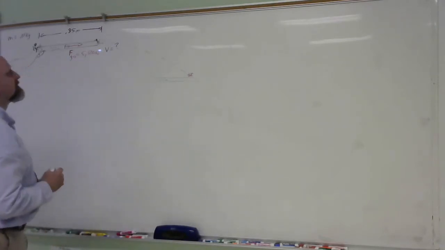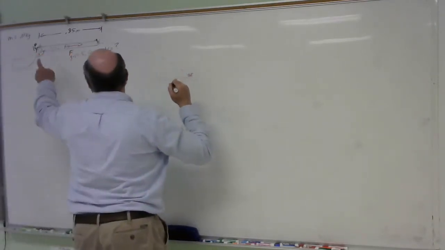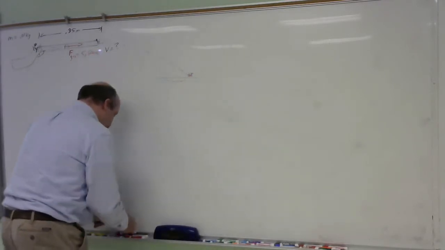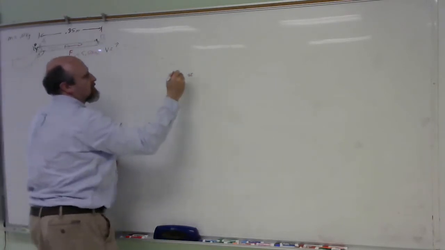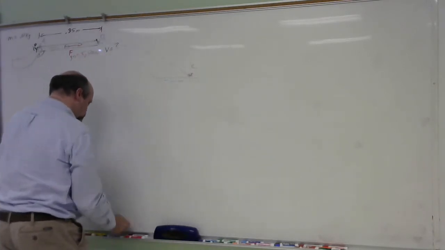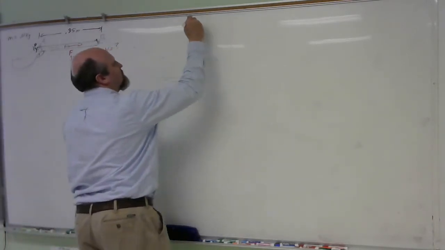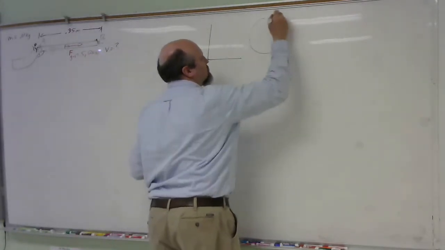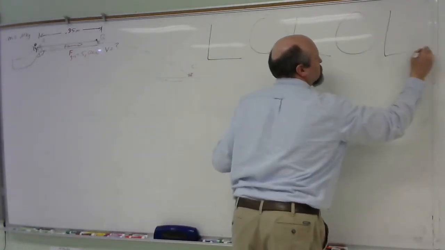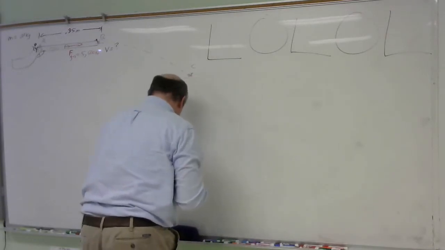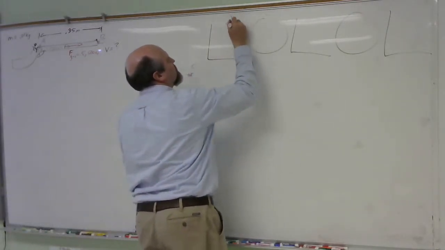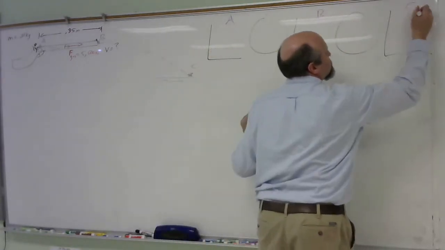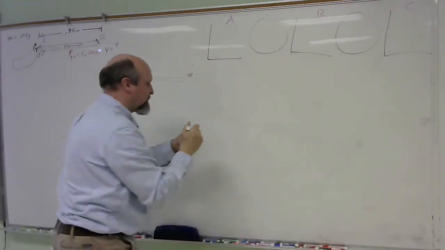So here we go. LOL. We're going to call these positions A, B, and C. Our LOL diagrams: position A, position B, energies at position C, and here are our transfers between.